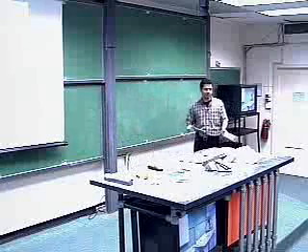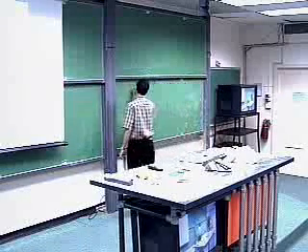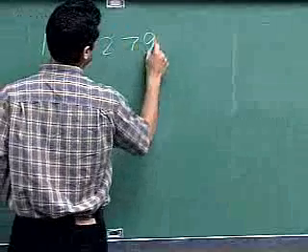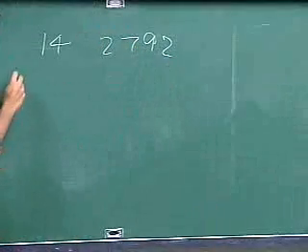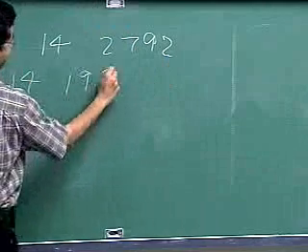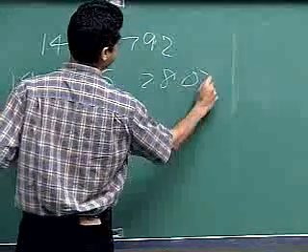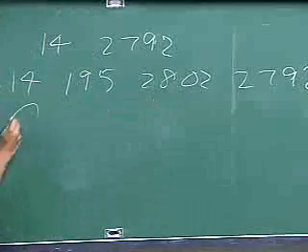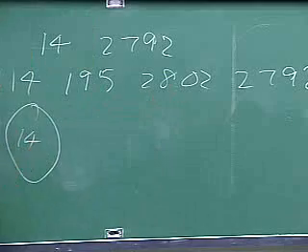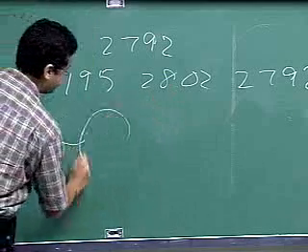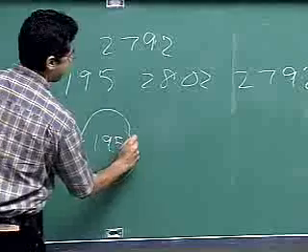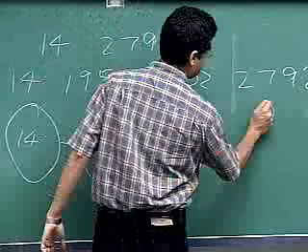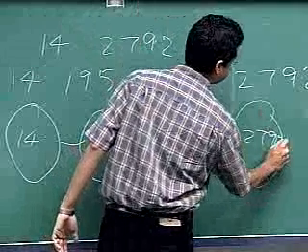When we spoke about BGP we had paths like, if you want to go from autonomous system 14 to, let's say, 2792, that path might look like 14, 195, 2802, 2792. So what that means is that autonomous system 14 is going to send packets to 195, 2802, to 2792.